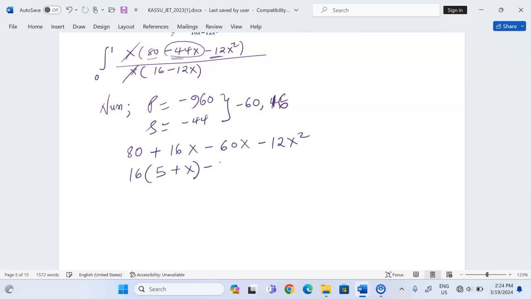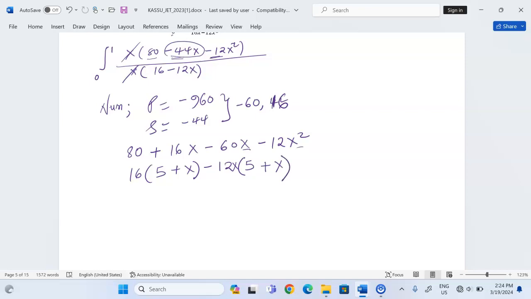Then we'll have a −12, again to remain with 5 + x. This 12 should have x, because x is common in these two terms, so we factor out 12x to remain with 5 + x.